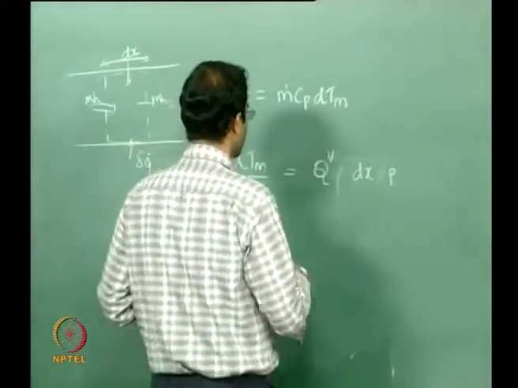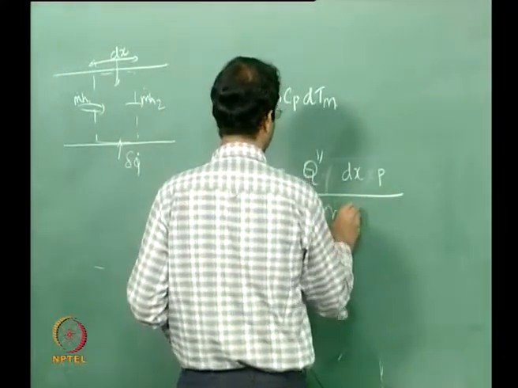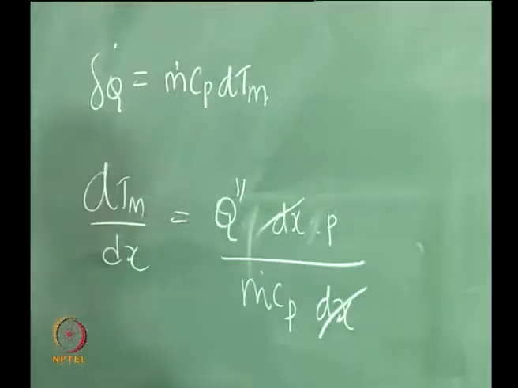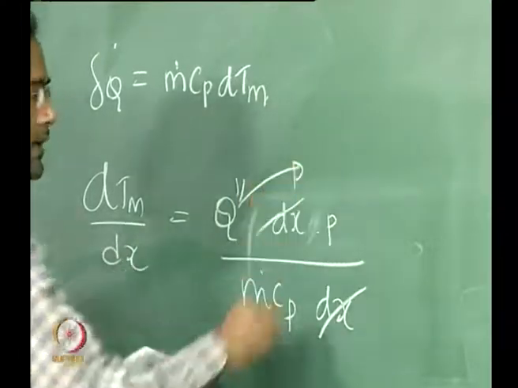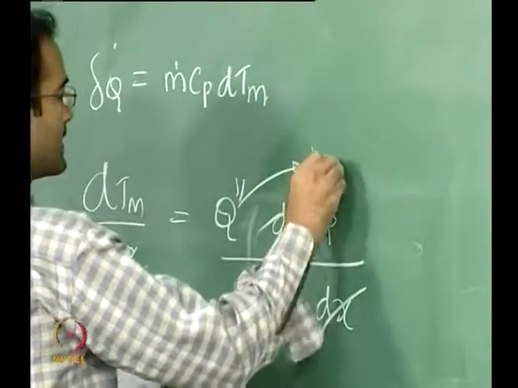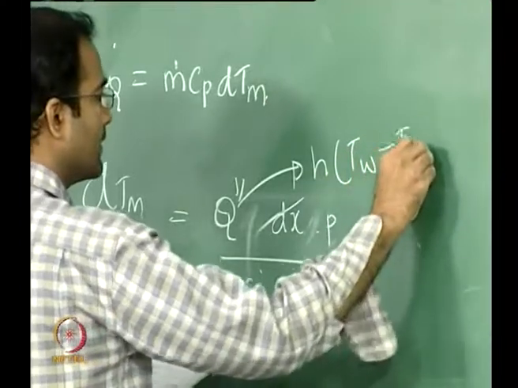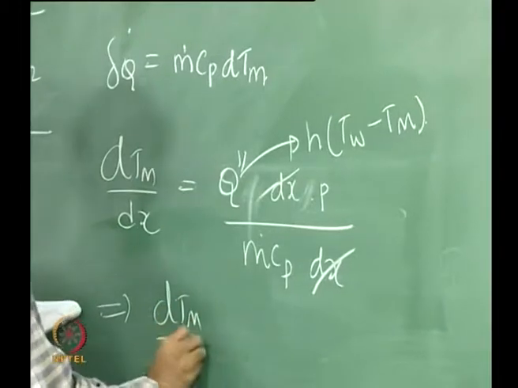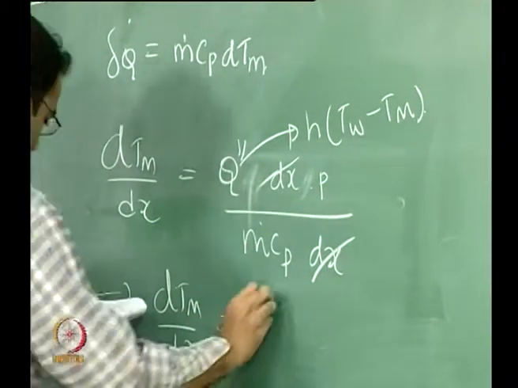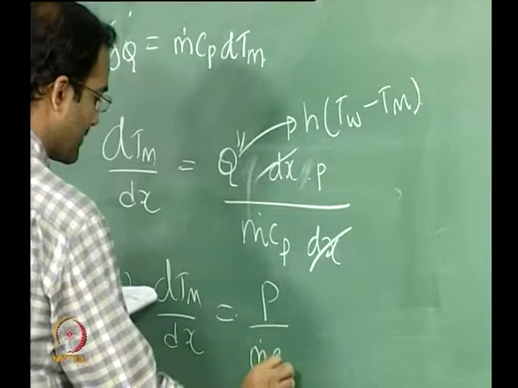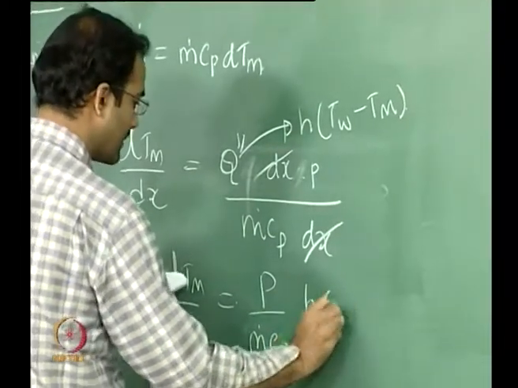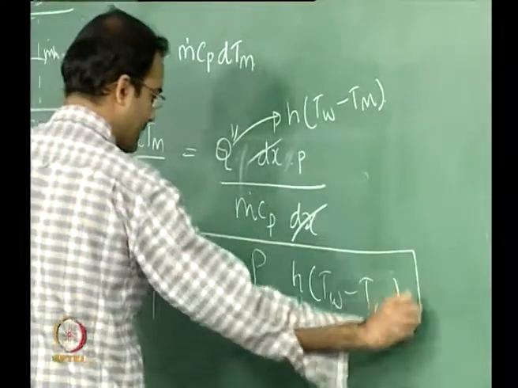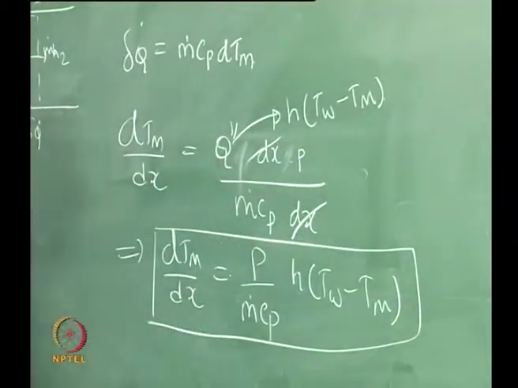This will be divided by m dot Cp, and of course you are dividing by dx, so dx cancels. Now for your Q double prime you can apply Newton's law of cooling and write this as h into T wall minus T mean. Therefore you have dTm by dx equal to P by m dot Cp, where P is your perimeter, into h into T wall minus T mean. This is the expression coming out of the simple energy balance that you are doing.